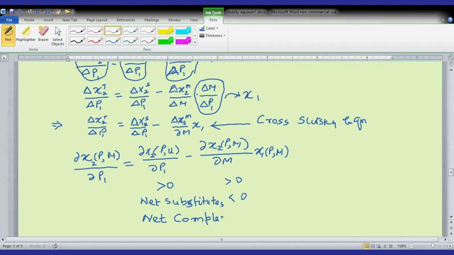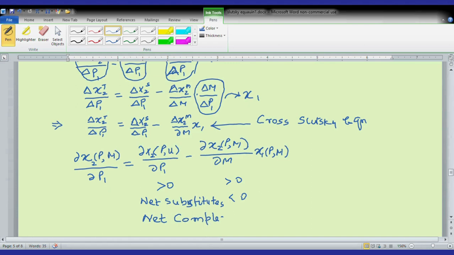If the consumption of the other good as a result increases, this means that this good is a net substitute of the good of which the price has increased, and if this derivative is less than zero, then good 2 is the net complement of the good of which the price has increased.